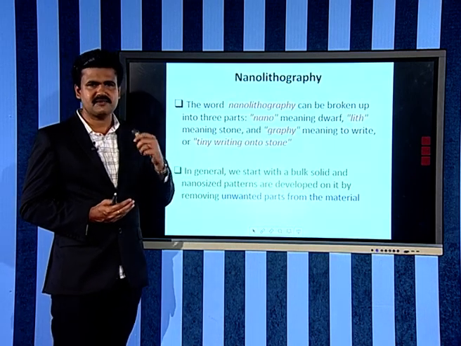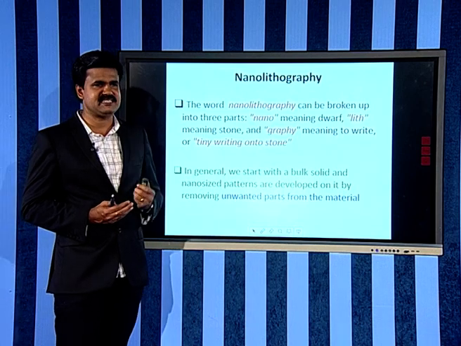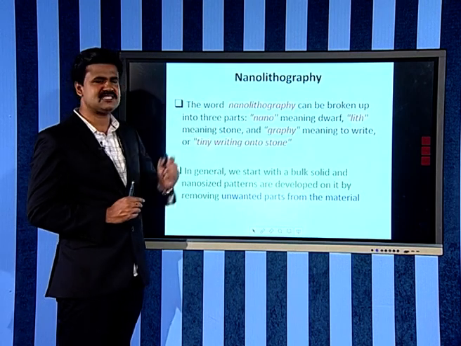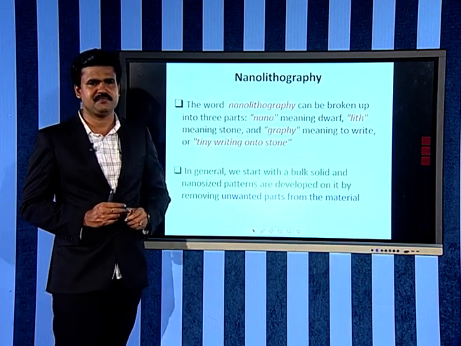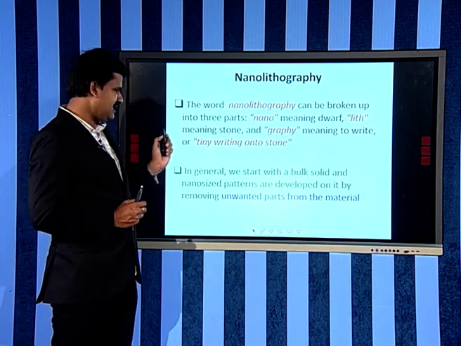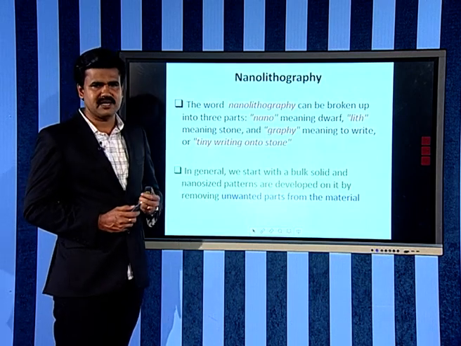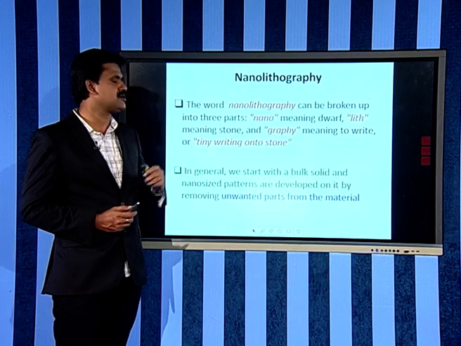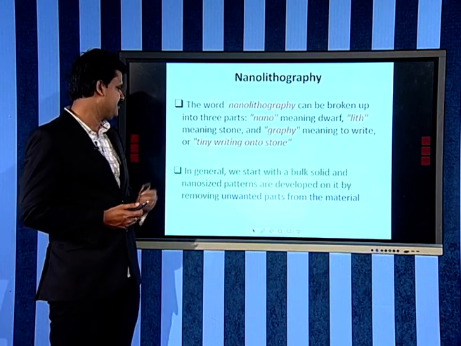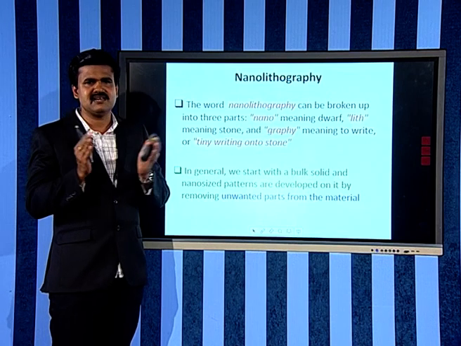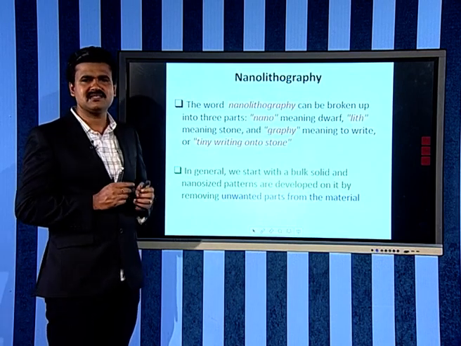That is, dwarf or tiny writing onto stone is the literal meaning of the term nanolithography. In general, in nanolithography, we start with a bulk solid and nano-sized patterns are then developed on it by removing or chiseling out unwanted parts from that bulk material.